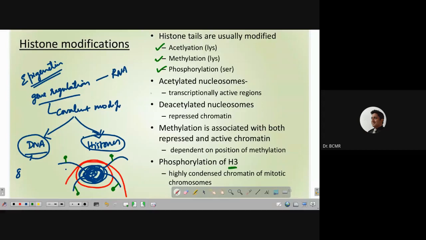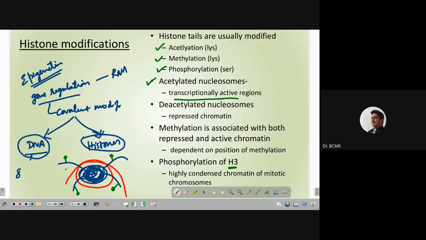Some of the things that you need to remember: acetylation is usually associated with transcriptionally active regions. So if there is a part of the genome that is highly expressed in eukaryotes, and everything that we are learning is about eukaryotes, it doesn't apply to prokaryotes.